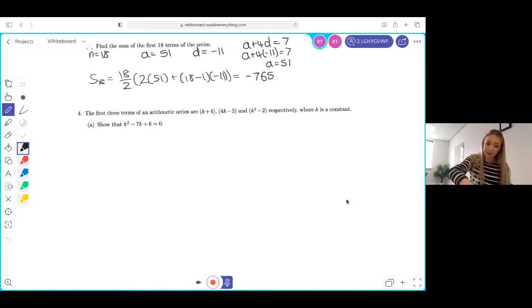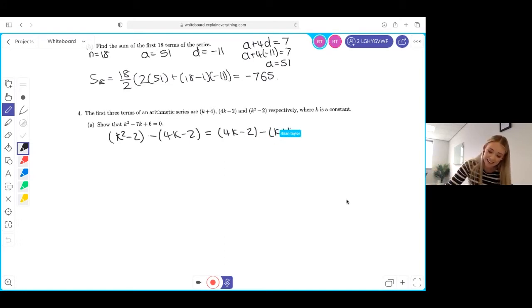We know that these are the first 3 terms, so we know that they're consecutive terms. So if I do the final term, k squared minus 2, take away the term before that, 4k minus 2, that'll give me my difference between those terms, which would be the same as the difference between the first and the second term. So that's 4k minus 2, and then minus k plus 4.